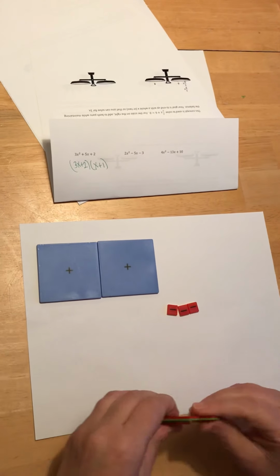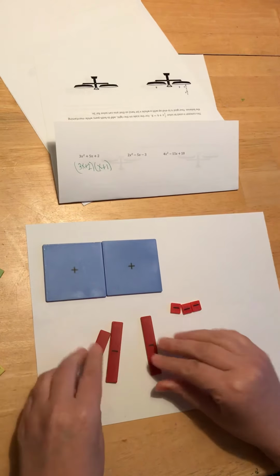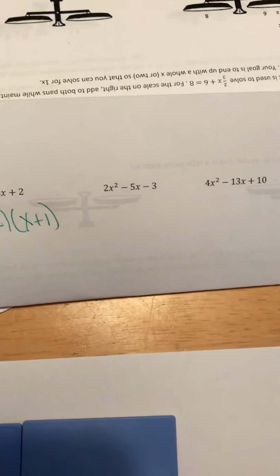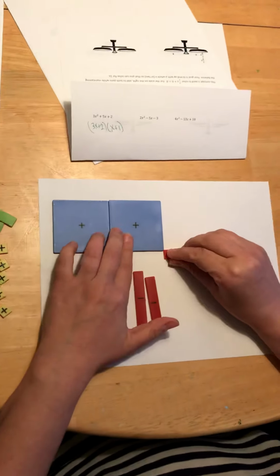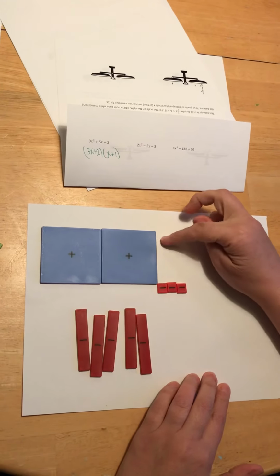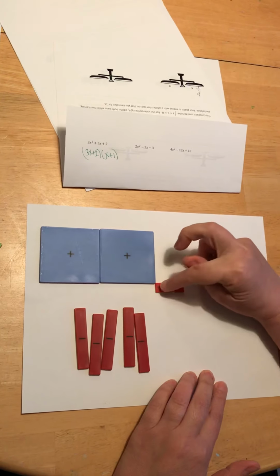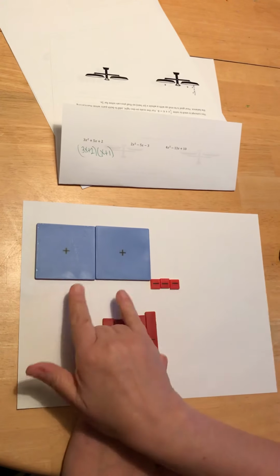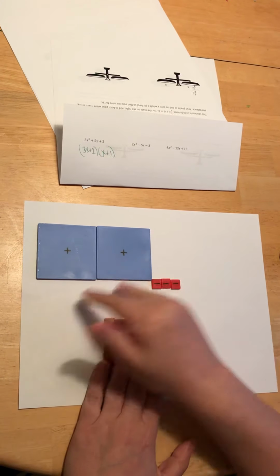So anyway, let's take a look at this problem, which is the 2x minus 3. Now remember, the only way to get to a negative here is to have negatives here, positives here, or vice versa.